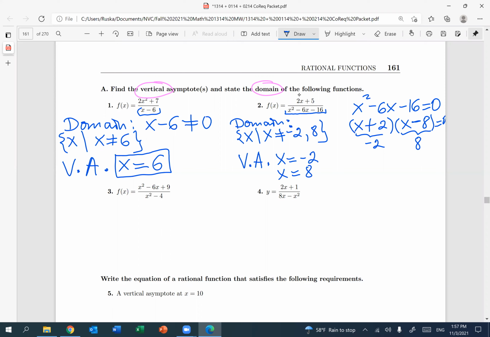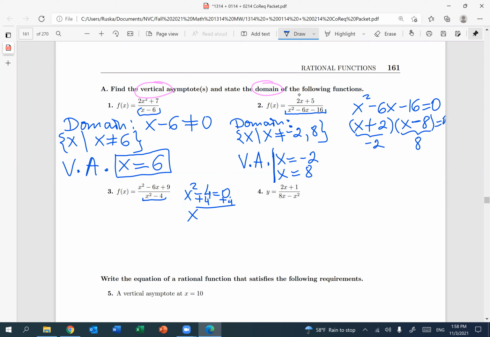Any questions? Okay, let's do 3. So for number 3, we're going to work with the bottom again. So we're solving x squared minus 4 equals 0. Let's solve using the square root property. I'm going to add 4 to both sides and take the square root.